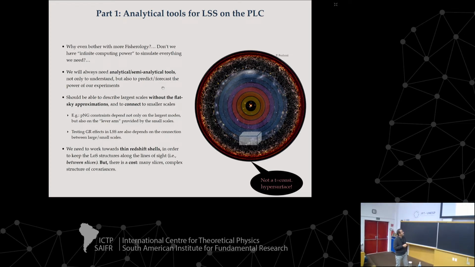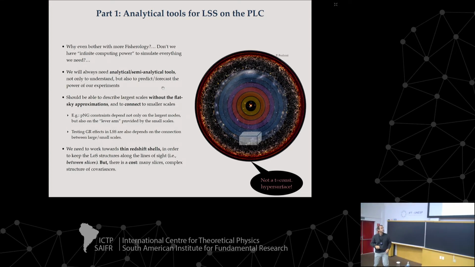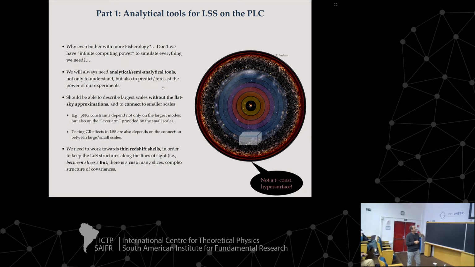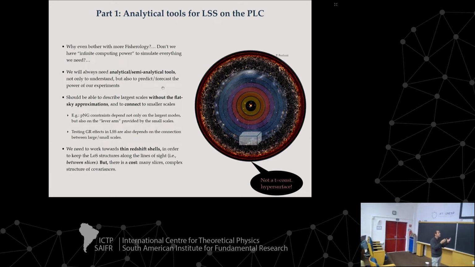So we don't want to assume that the sky is flat, so that we just assume that modes across the line of sight are just like Fourier modes, which they are not. So this is the flat sky approximation.